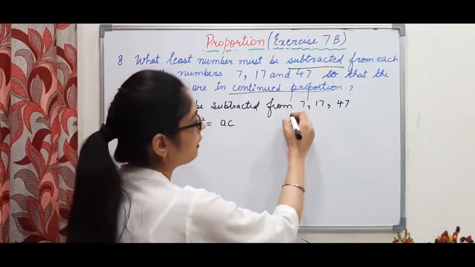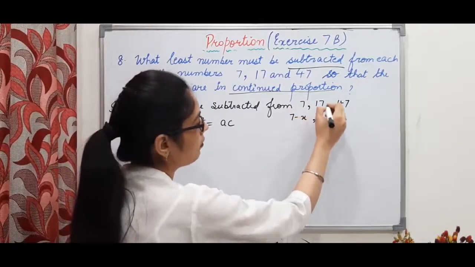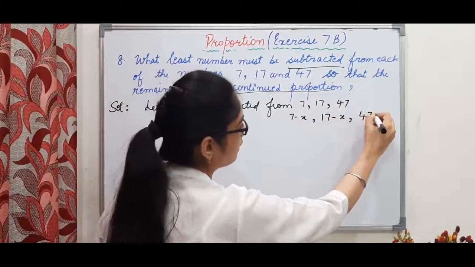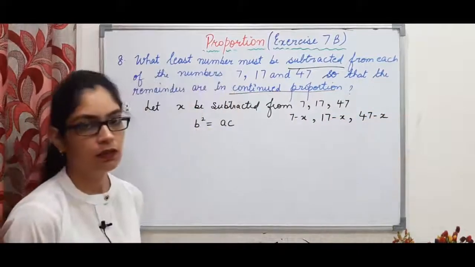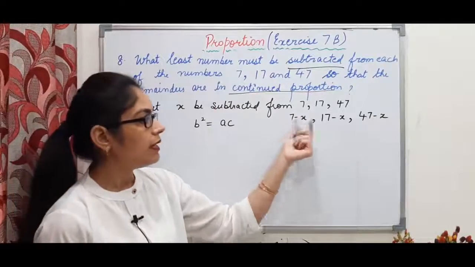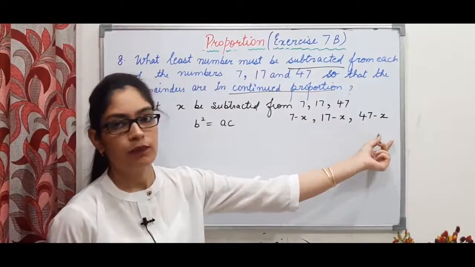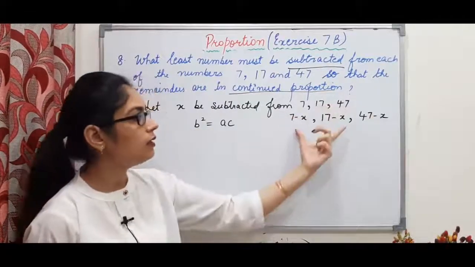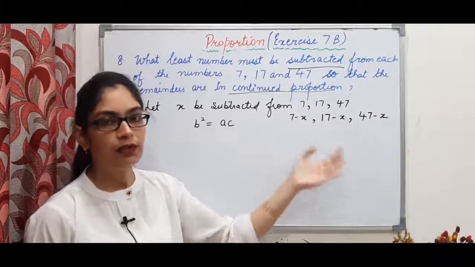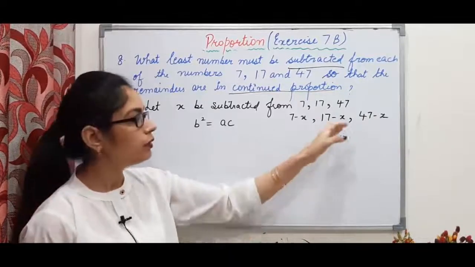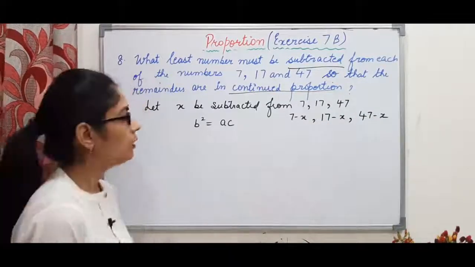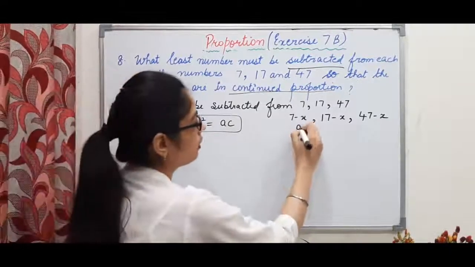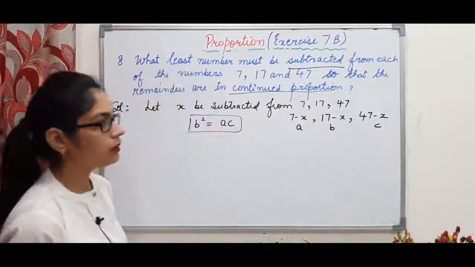This 7 we can write as 7 minus x, 17 we can write as 17 minus x, and 47 we can write as 47 minus x. So this is A, this is B, this is C. See, if we are subtracting x from these three numbers, the remainders, that after subtracting x whatever we get, those three numbers will be in continued proportion. That means B square is equal to AC.